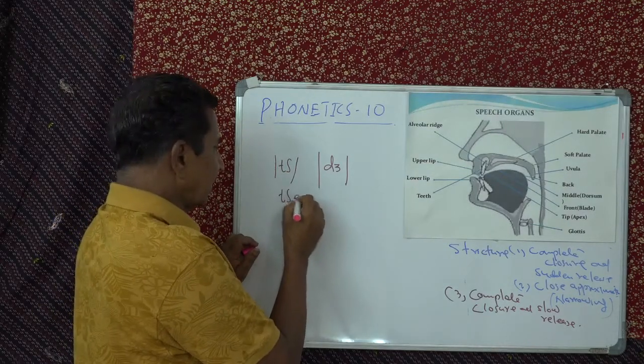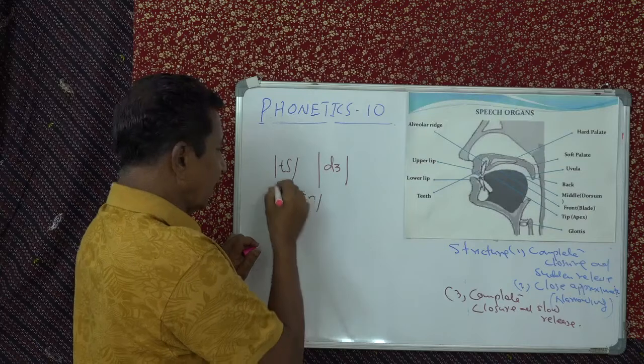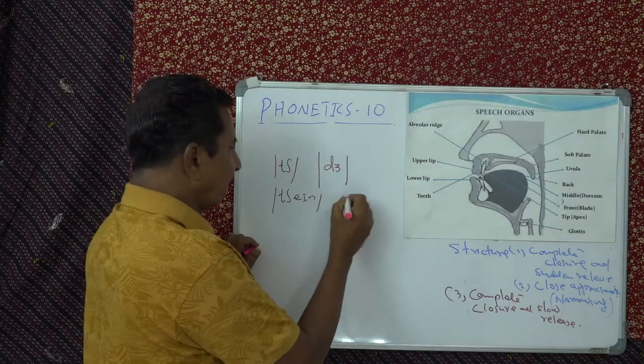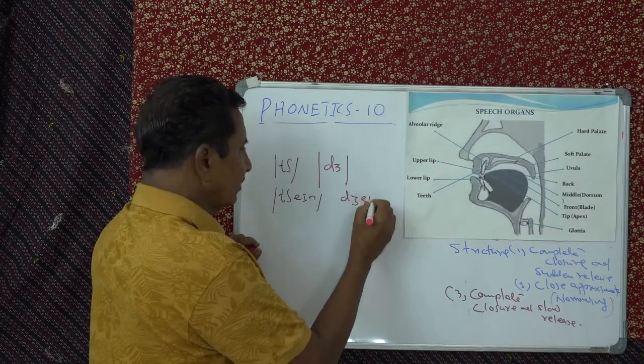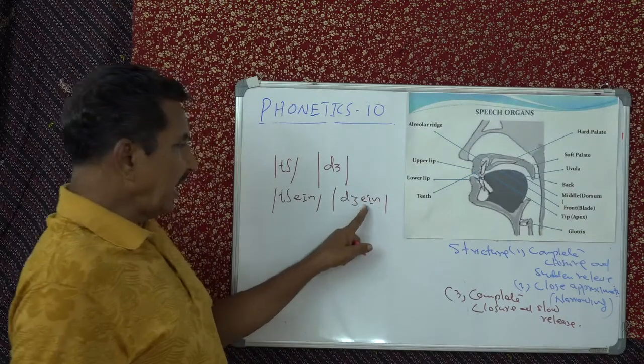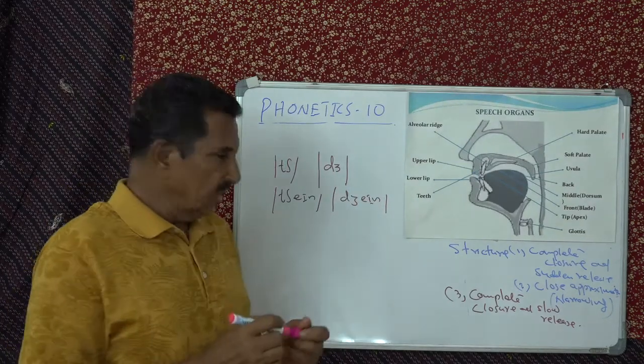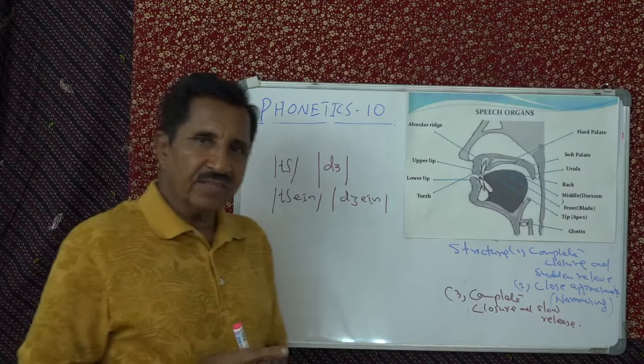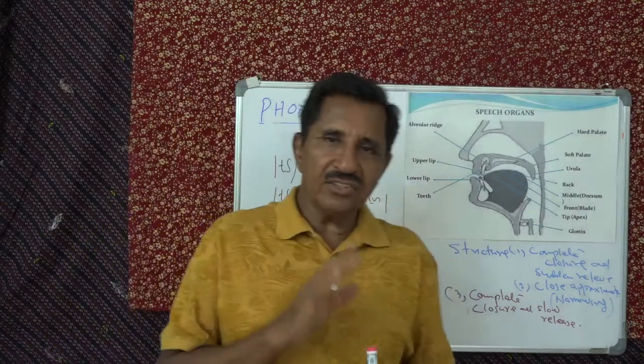See? Chain, you write like this, no? Chain. And Jane. You have seen A and N. So, chain and Jane. See the difference?